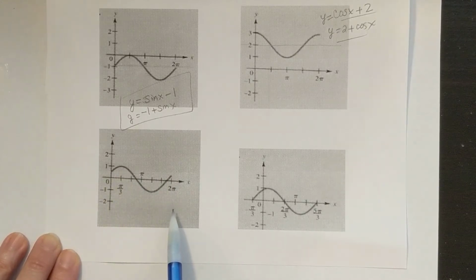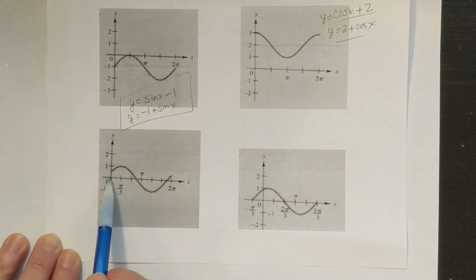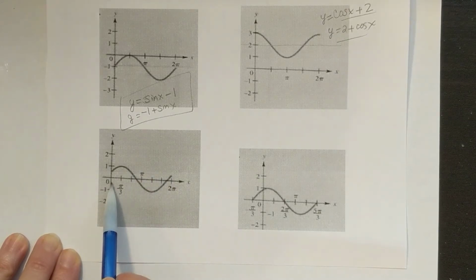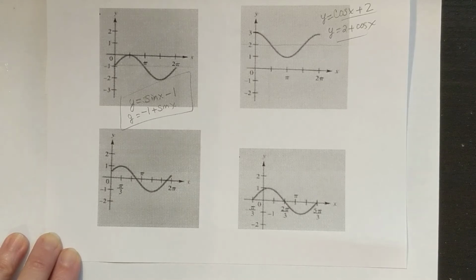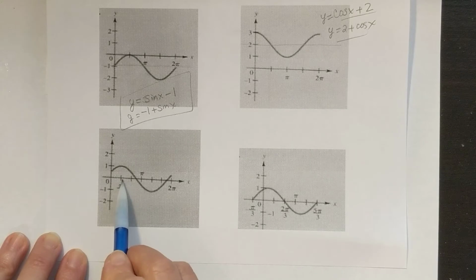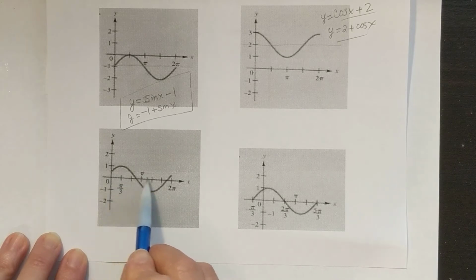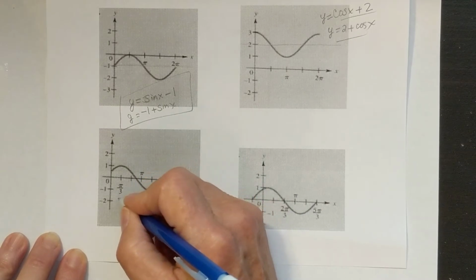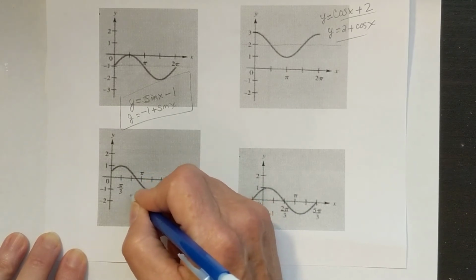That looks like a sine wave to me. So let's see, where would the middle point be? Is this the middle point? Oh no, that doesn't look quite right. Is this shifted a little? Oh, I think this one might be shifted a little. This is pi over 3, and this is 2 pi over 3.